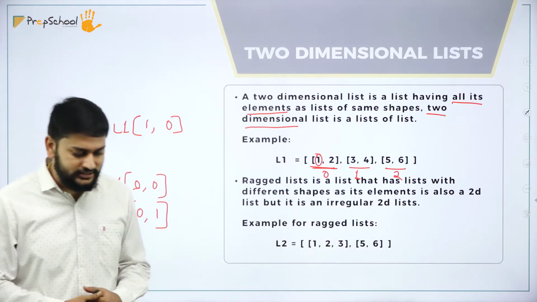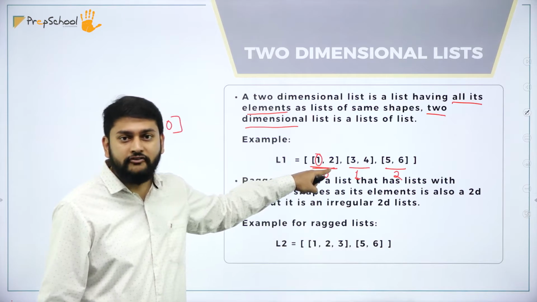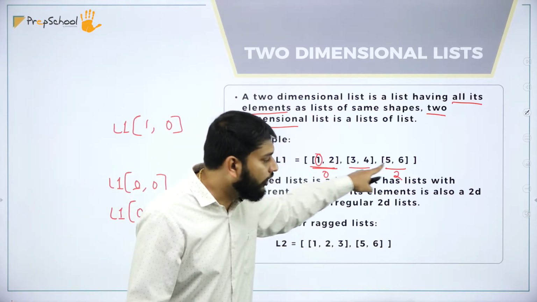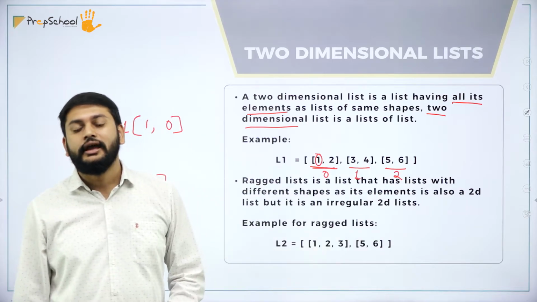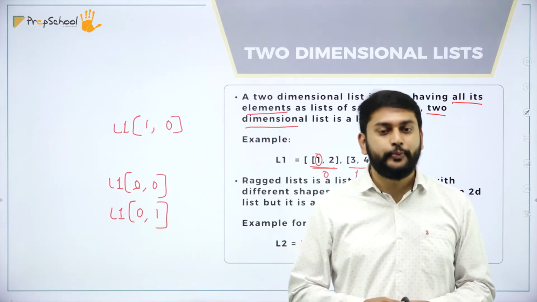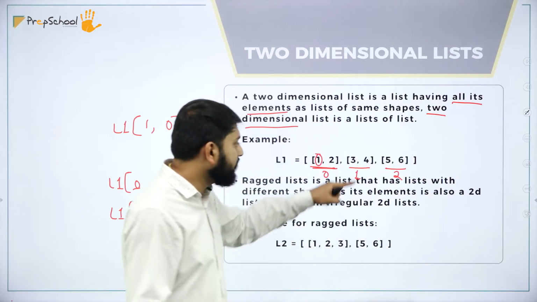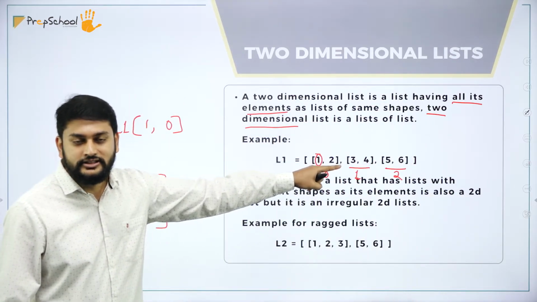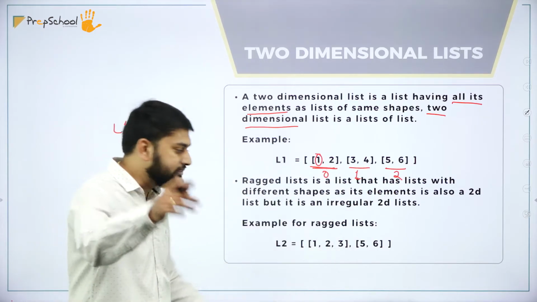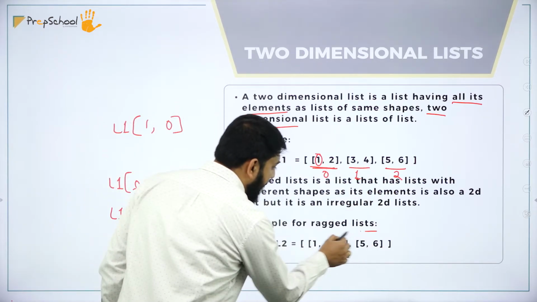What exactly does it mean? The number of elements that I have here should be the same in all the lists whatever I have inside the list. Suppose any one of the lists doesn't have the same number, suppose I have 3 here, then I will not call that a two-dimensional list. Instead, I will call that a ragged list.